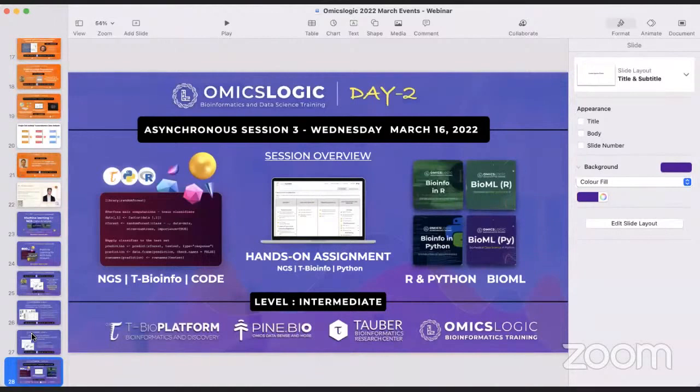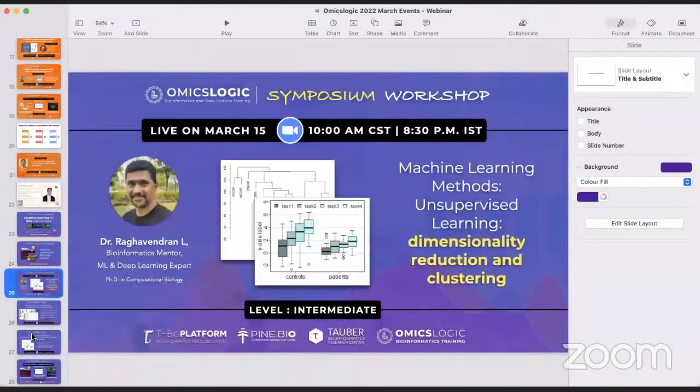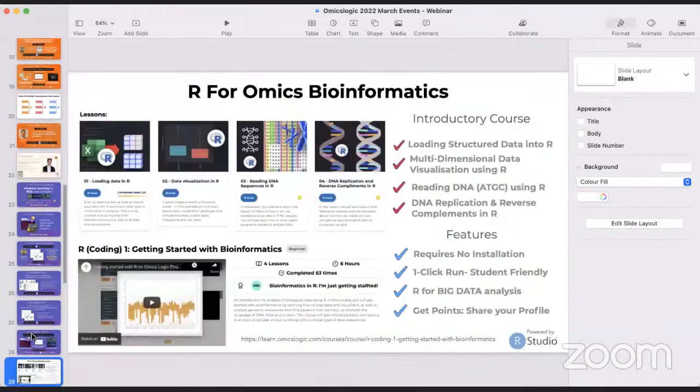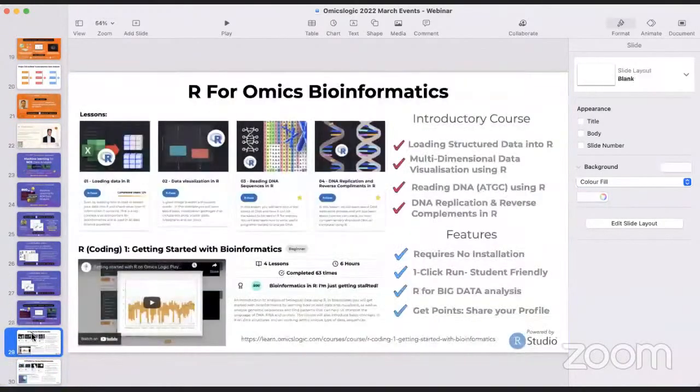So first we will learn about dimensional reduction and clustering, and then we will learn about predictive analysis. And in this entire workshop, you'll also be getting tutorials like R for Omics bioinformatics.